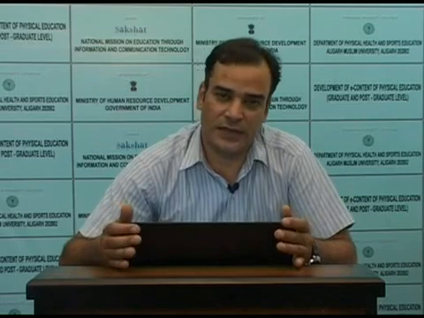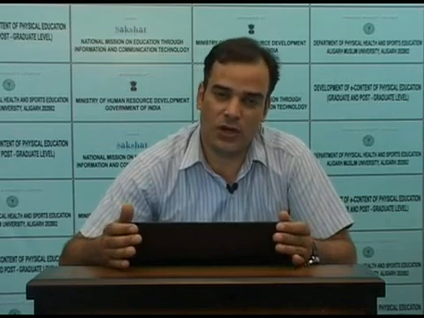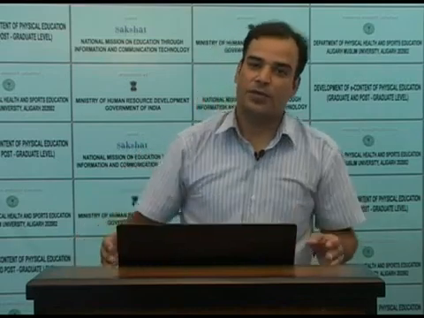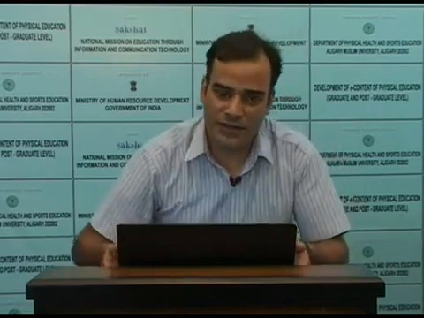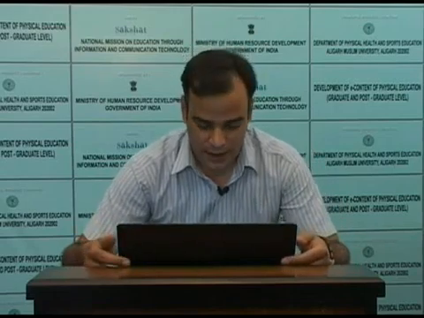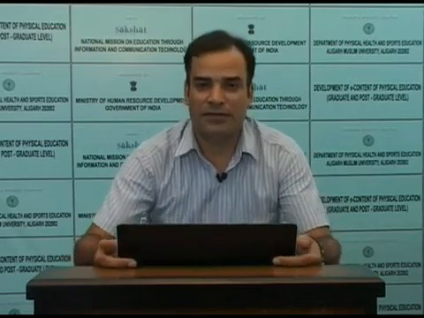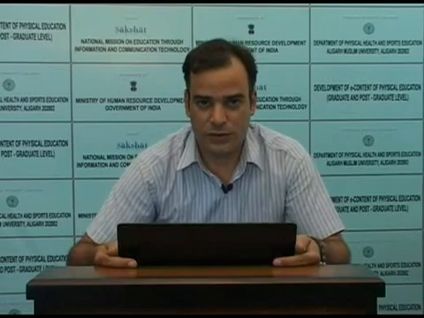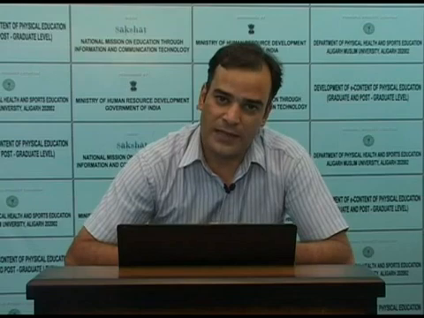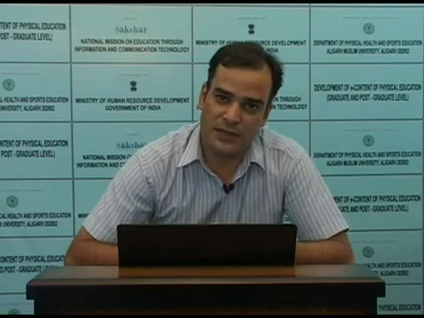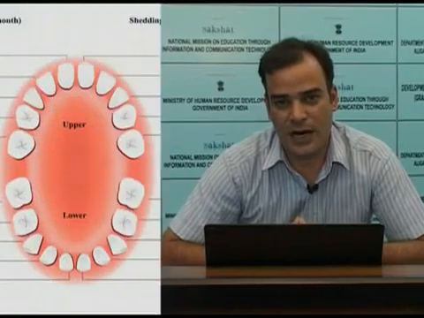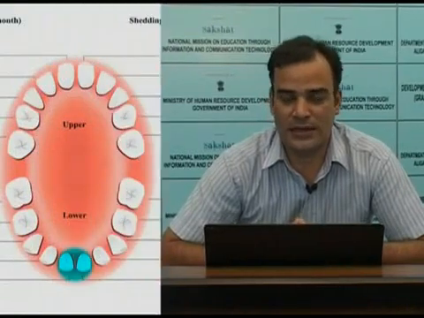The first set of teeth is called the deciduous or the milk teeth. These are the teeth that erupt when we are an infant and child. Milk teeth start to appear at the age of 7 months. In most children, the teeth appear between 6 and 7 months, and the first teeth to appear are the lower central incisors.